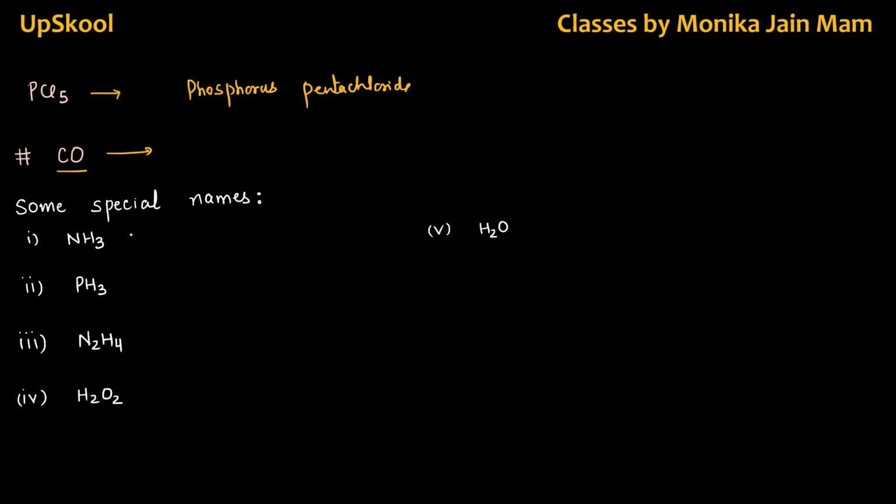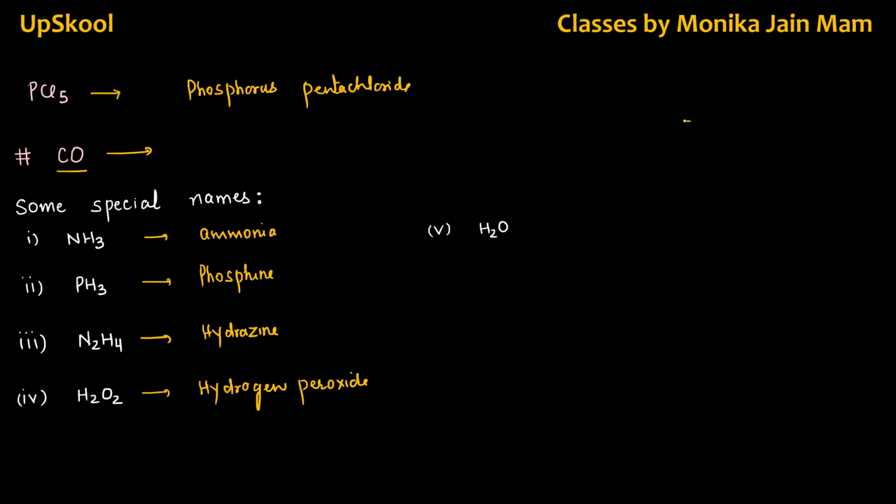So some special names. You write down the special names, like this one is ammonia. It is phosphine. This you have to learn. Hydrazine. Hydrogen peroxide. Peroxide I have given you.